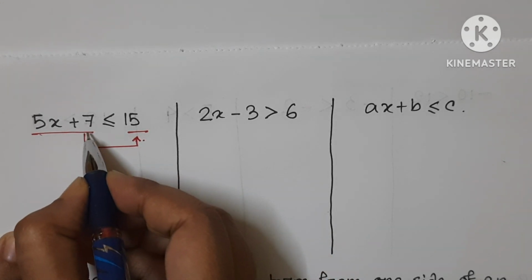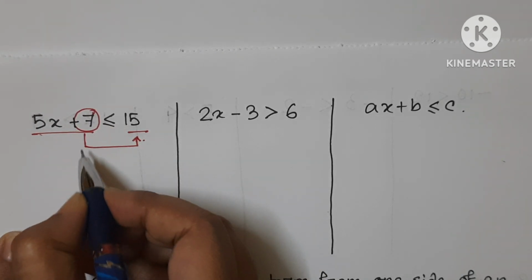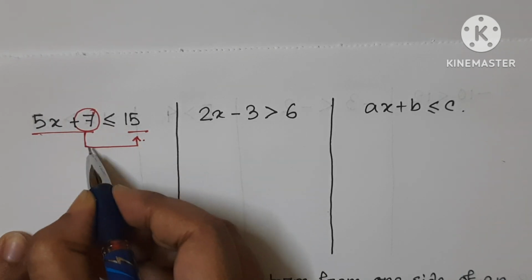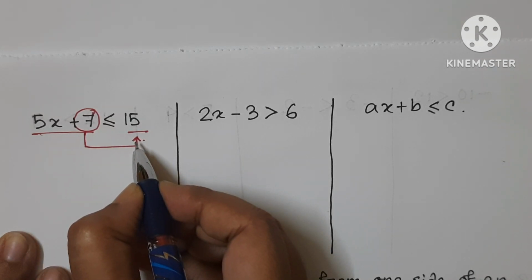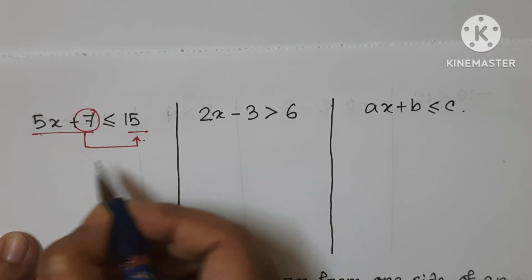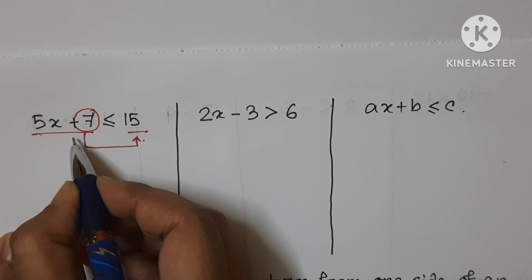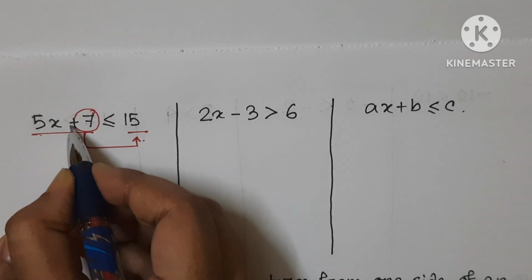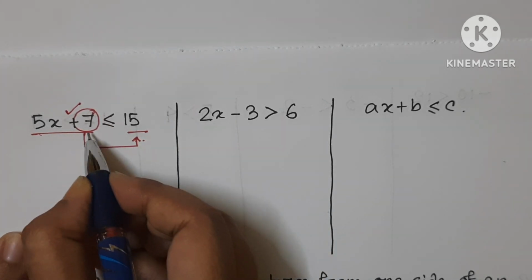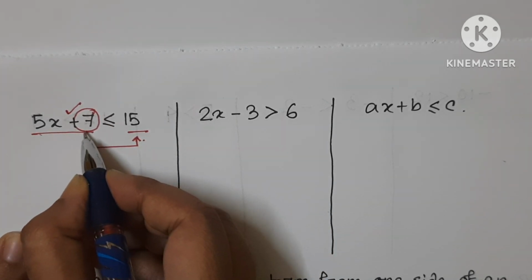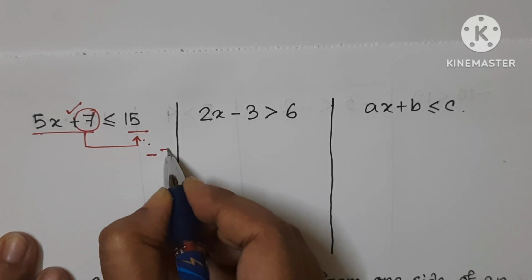I am going to transfer this 7, a constant term, from the left hand side to the right hand side. You have to change the symbol. Here the symbol of 7 is plus, but when it comes to this side, it will become minus 7.